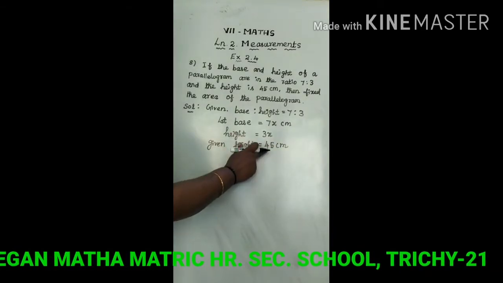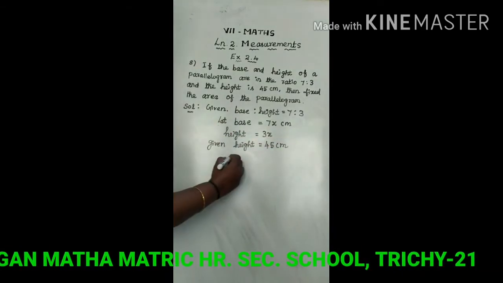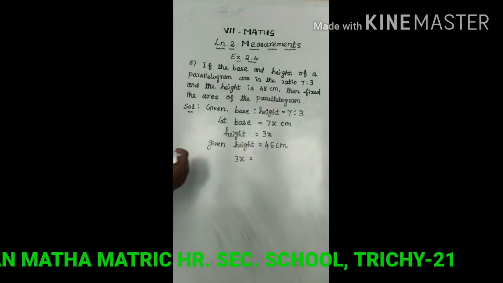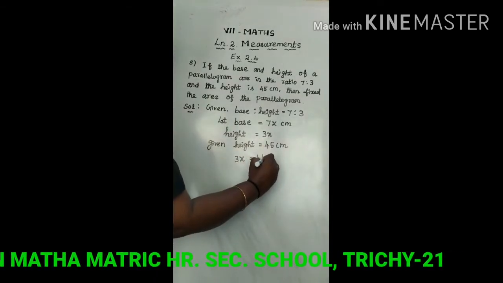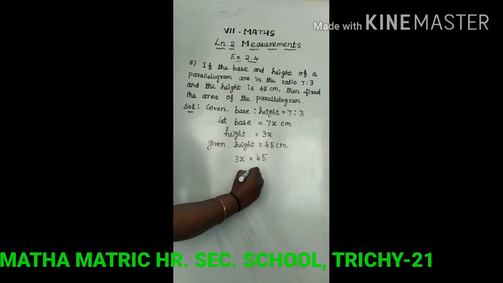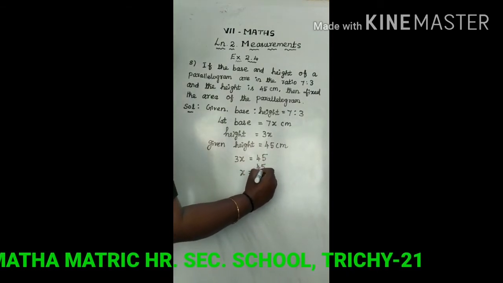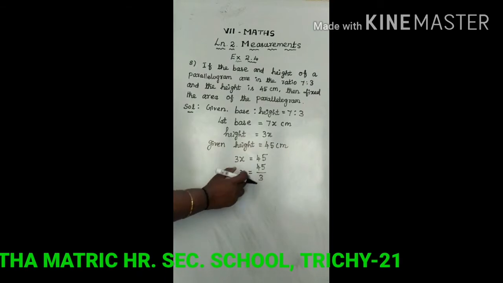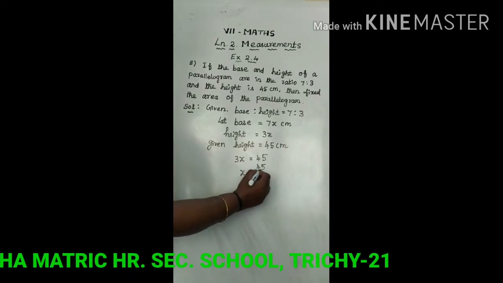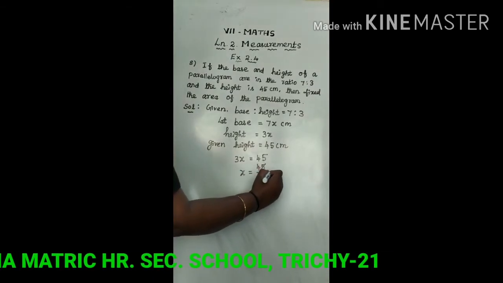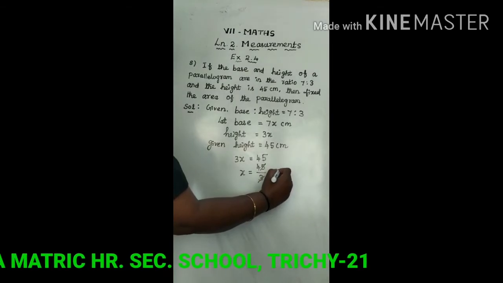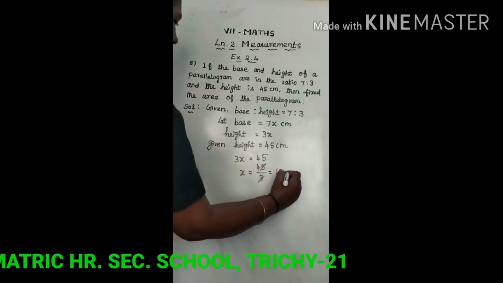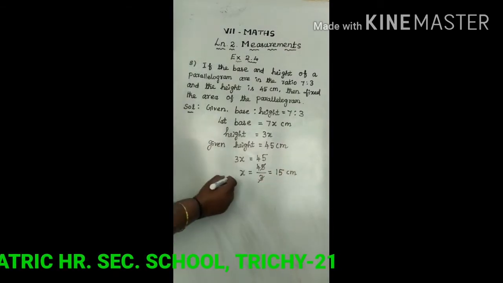So 3x is equal to 45 centimeter, because that is the height. Then 3x is equal to 45, then x is equal to 45 divided by 3. The multiplying number goes to the other side as division. So dividing 3 into 45: 1 3s are 3, 5 3s are 15. So x is equal to 15 centimeter.